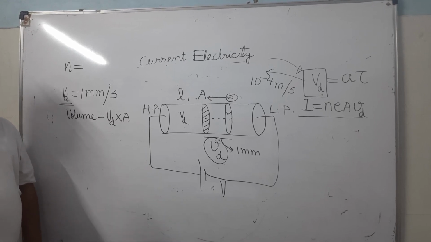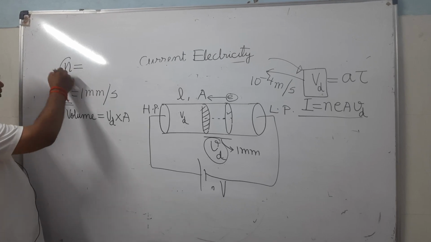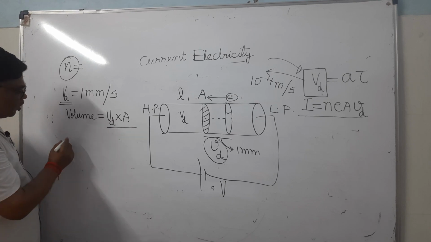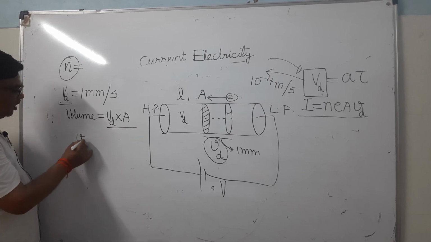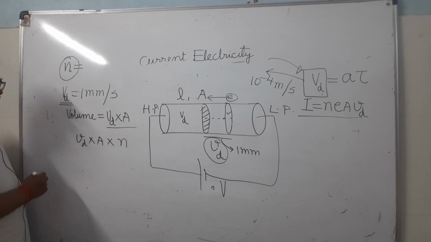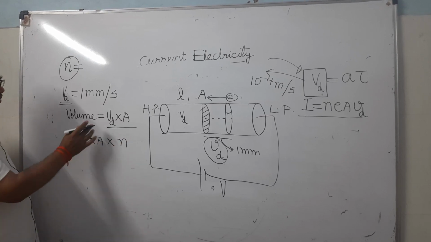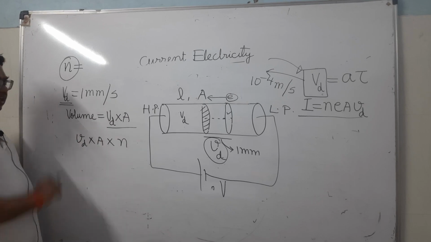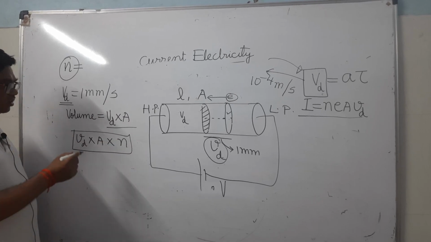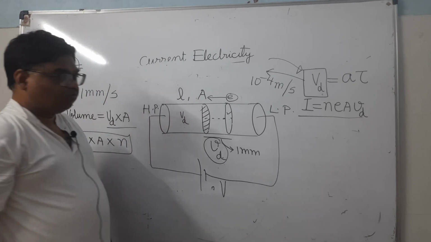So in this volume there will be Vd into A into n free electrons. Is it clear? Number of free electrons present in this volume.